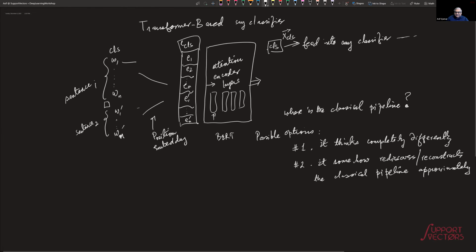The whole point of deep learning, just to step back a little bit, is representation learning, right?